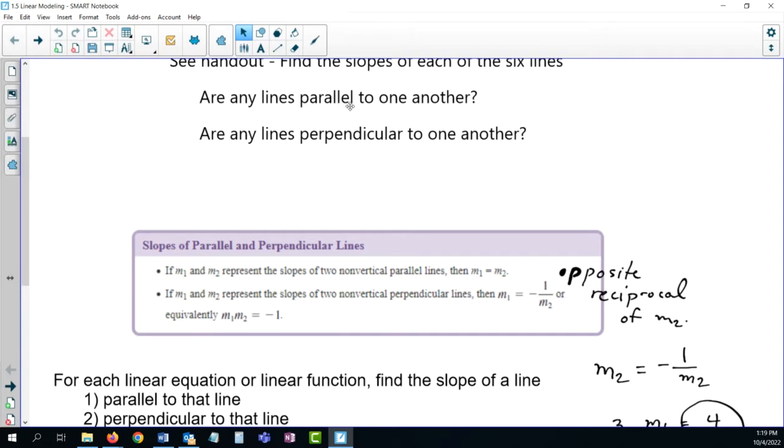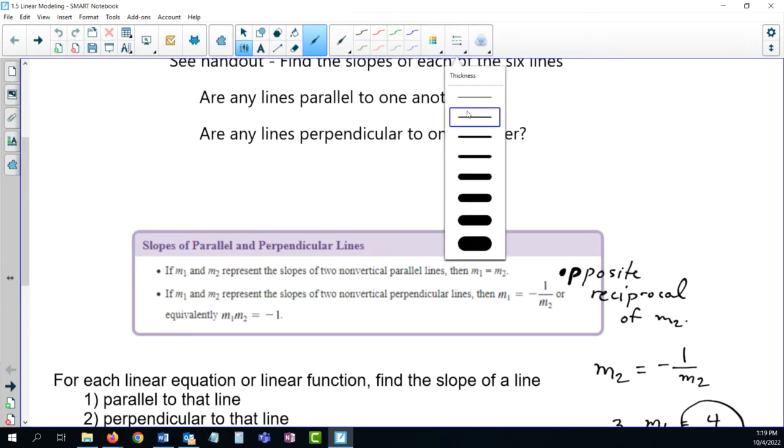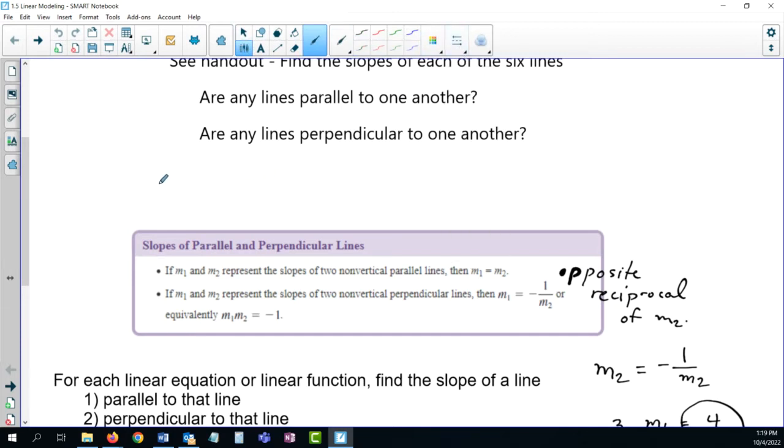So parallel means they never touch. Perpendicular means they intersect, but they intersect at a 90-degree angle. So when we draw the lines, you end up with a T. That's where you'll see some of the notation come into play, because the word parallel is so long.